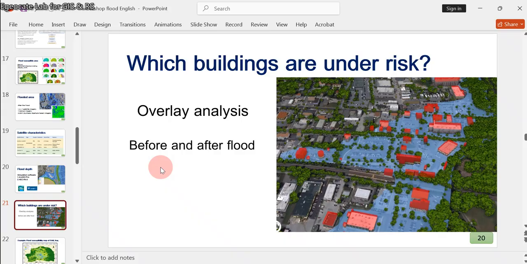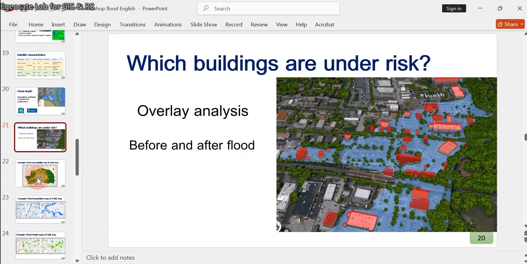For example, you can use Microsoft building footprints or OpenStreetMap building footprints, which you can download, or you can create your own building footprints using deep learning, or download them from Google Earth Engine. And by doing overlay analysis, you can identify which buildings are inside the flooded area before the flood or after the flood. Then you can identify these buildings with symbology as buildings at risk.